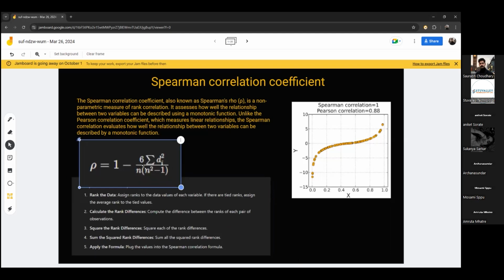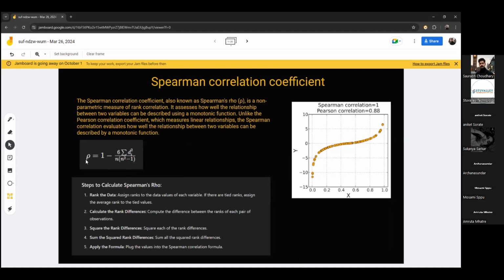So this is the formula we have to use. Rho is equal to 1 minus 6 times the summation of d square, over n times n square minus 1. N is the number of data we have, right? And d is the difference. So how to calculate? I will be doing it with the help of sample data.